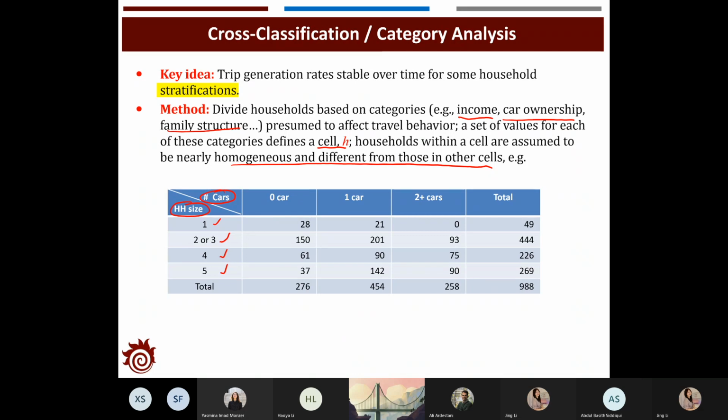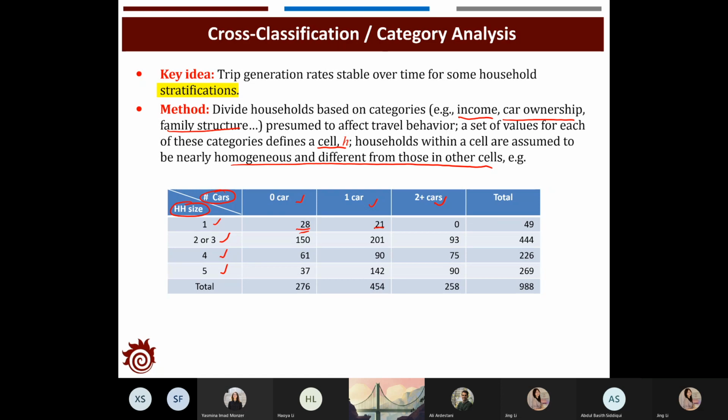And for the number of cars, we consider 0 cars, 1 car, and 2 or more cars. Based on the survey, we can find out, for example, for the household with 1 person and no car, the number would be 28. 1 person with 1 car would be 21. So there are 21 households with only 1 car and 1 person.